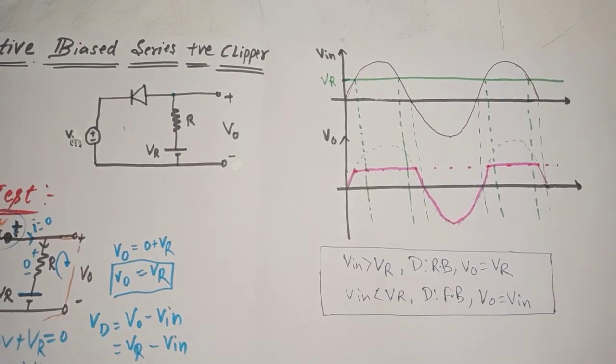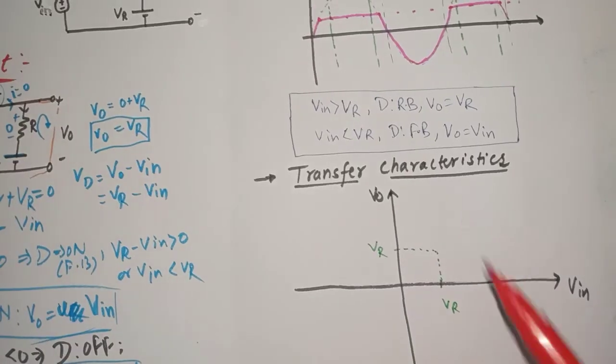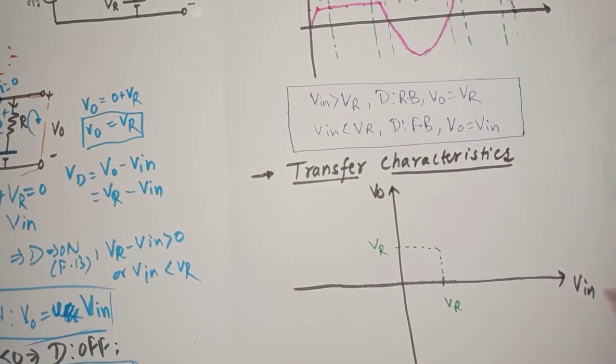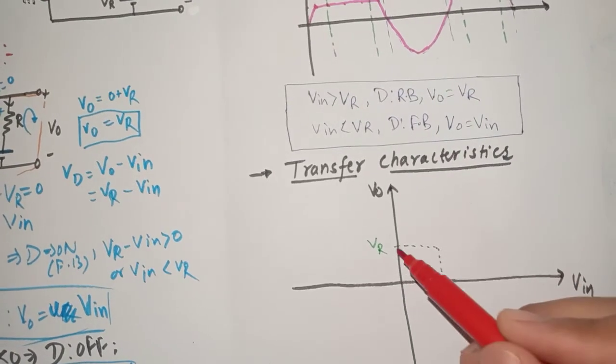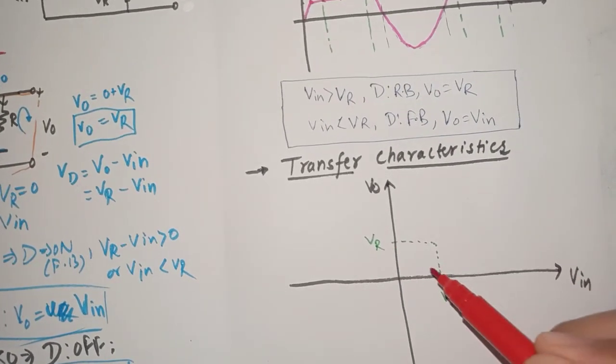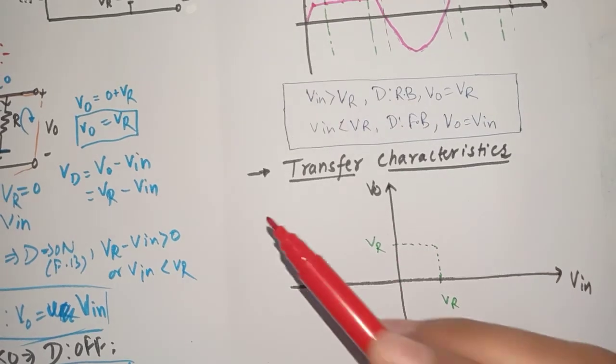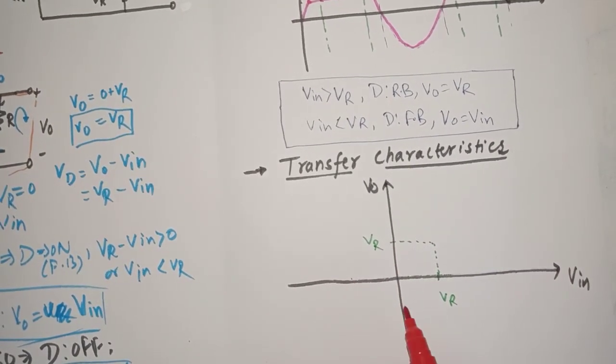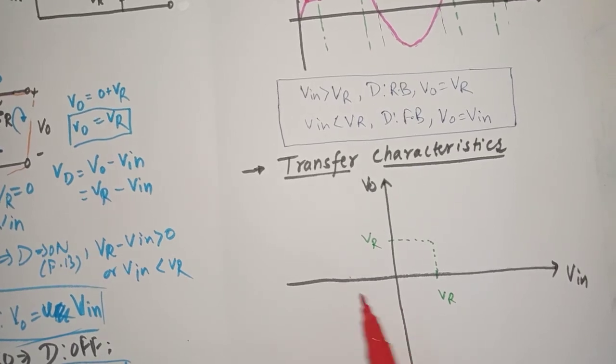Now we need to draw the transfer characteristics. See, I told you that the transfer characteristic is the graph between V0 and input voltage. Now we have drawn VR on the positive x and y axis because we have applied positive bias. In the case of negative bias, if you see in the previous videos, we have drawn it on the negative sides, okay.